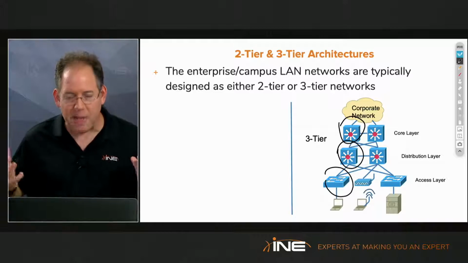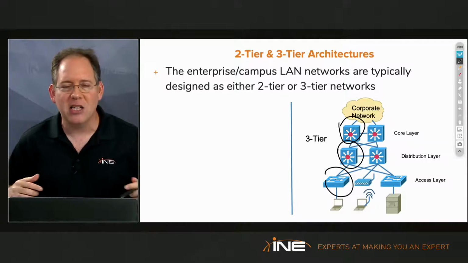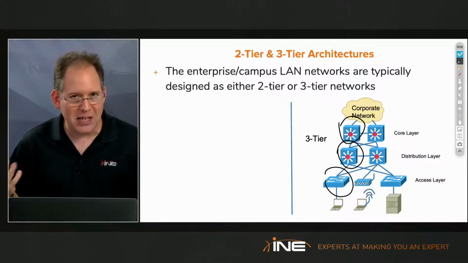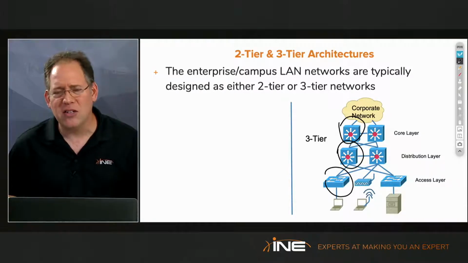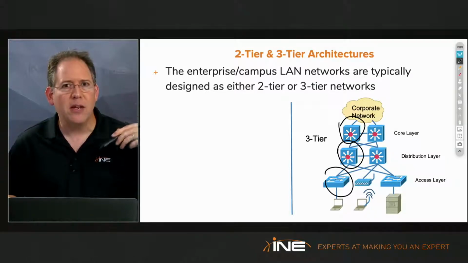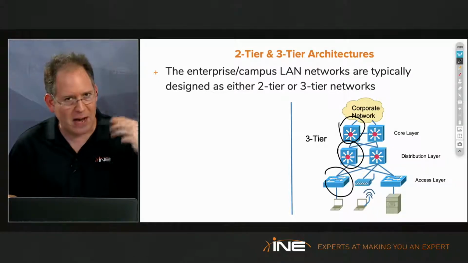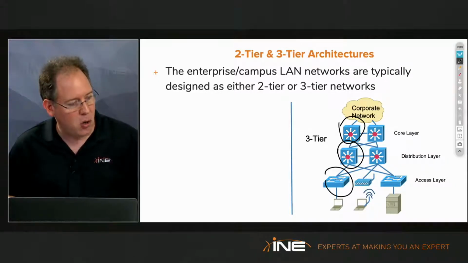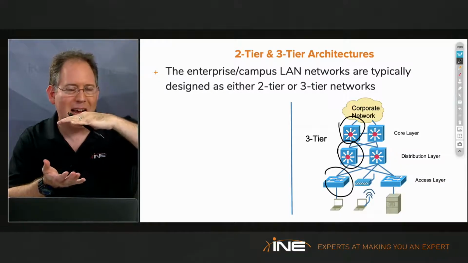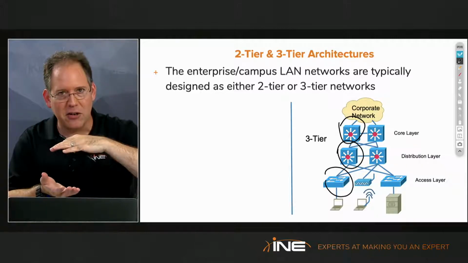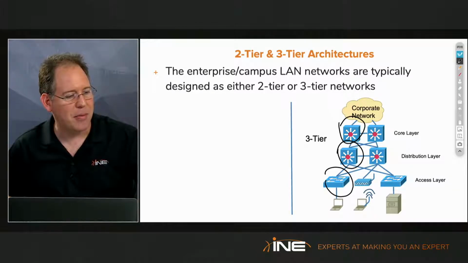Well, over time, more and more functionality has been built into devices to where these days customers say, you know what? I don't need to buy all this stuff to do the same types of things. The types of operations that are done at core, distribution, or access, I can actually shrink this down to fewer layers and accomplish the exact same thing.